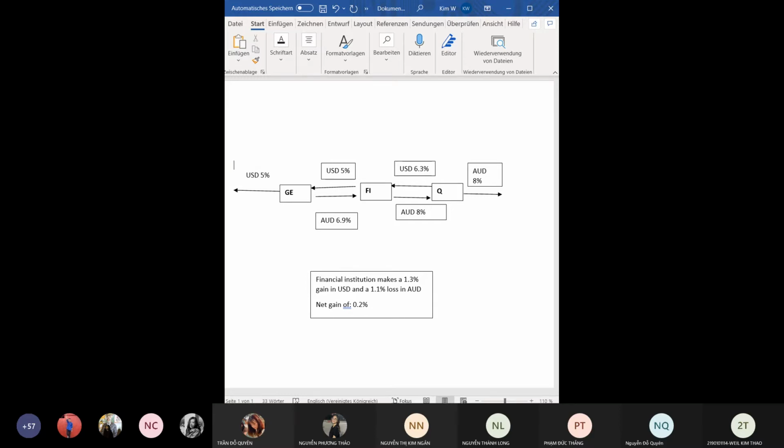And probably that is the reason why some students may not be able to establish the graph showing the swap agreement between the three parties involved, because they are confused regarding the commission for the financial institution for currency swap.